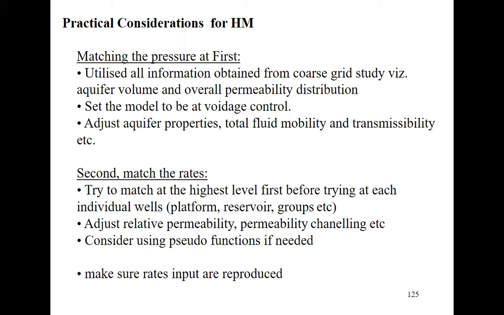So we have to match the volumes or the rates, for example, of the field, then the groups, then the reservoir, then platforms, depending on the degree of detail. So we start with the field and the reservoir, and then if we have groups, and then if we have platforms, and so on.